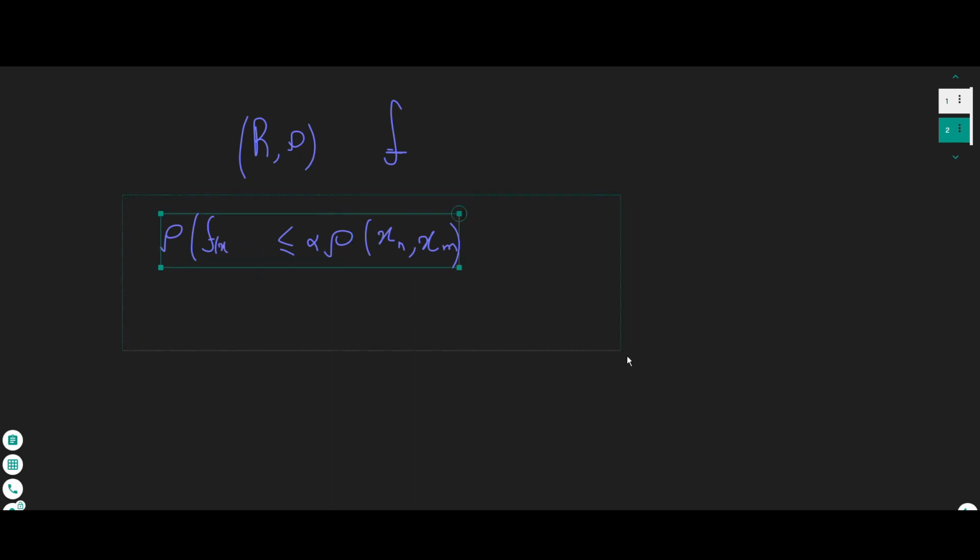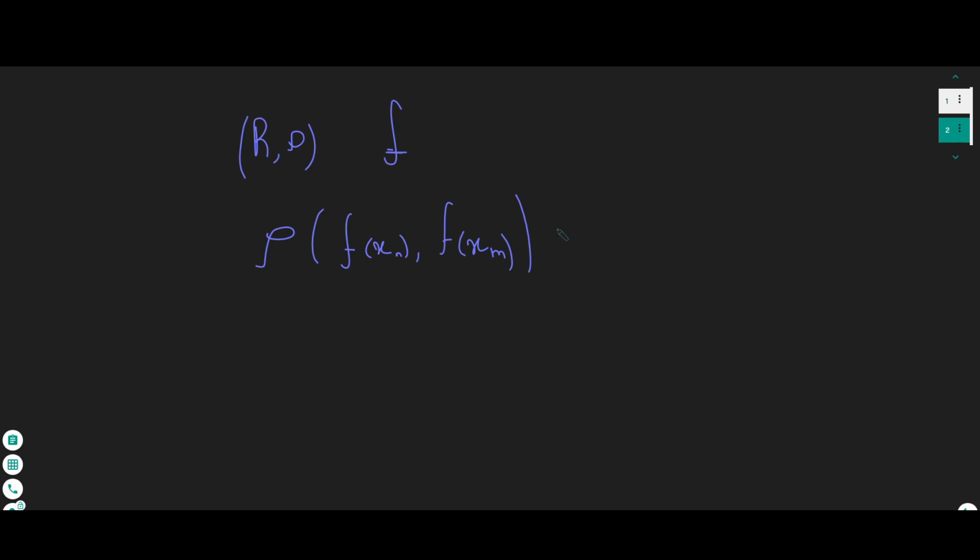Let me write it this way: the distance between any points after we apply the mapping, f of x sub n and f of x sub m, is less or equal to alpha times rho of x sub n and x sub m, where alpha is a positive number less than 1.